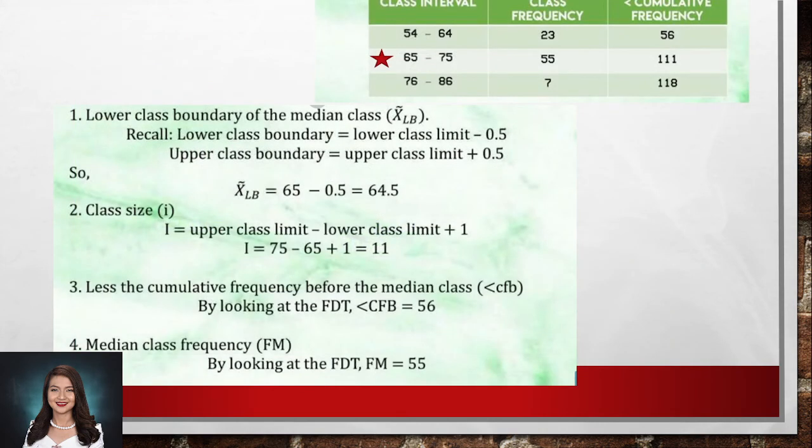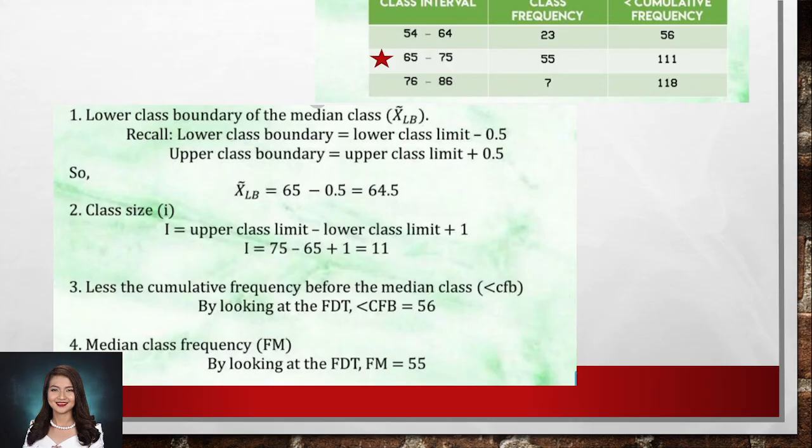Kaya, kinuha natin yung group na 65 to 75. So, in this table, we're going to get the lower class boundary of the median class. So, let's recall how do we get the lower class boundary. Lower class boundary is equal to the lower class limit, and we're just going to subtract 0.5.